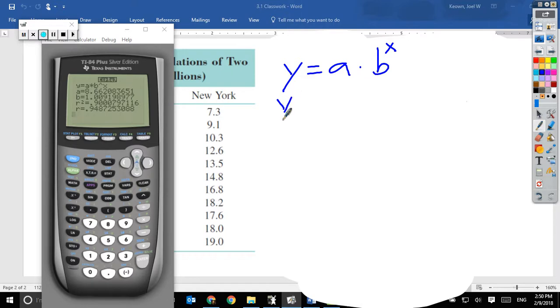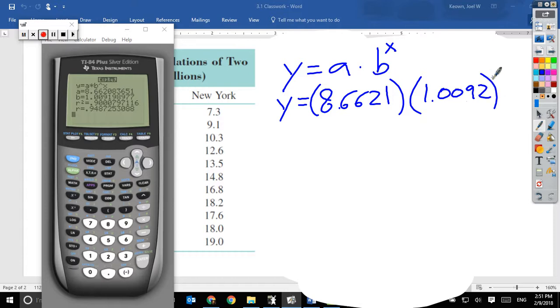It tells me that a is 8.662 around the 1, and b is 1.009. Now, I'm not putting a whole lot of decimal places there, and that is going to throw off my answer. The more decimal places I put in there, the more precise I get to my example.